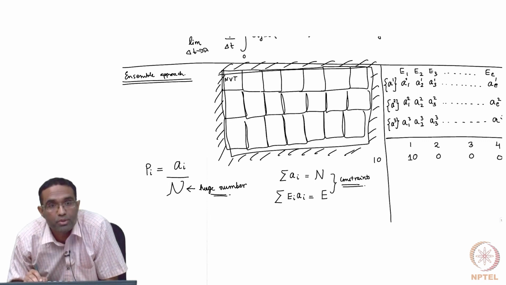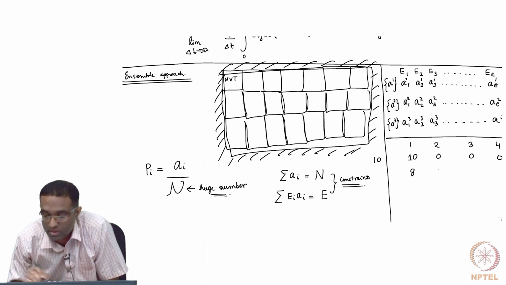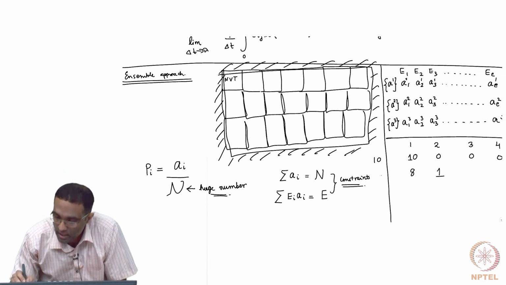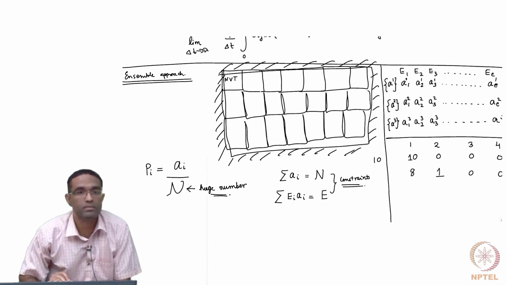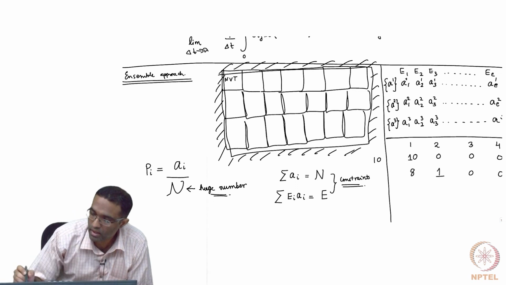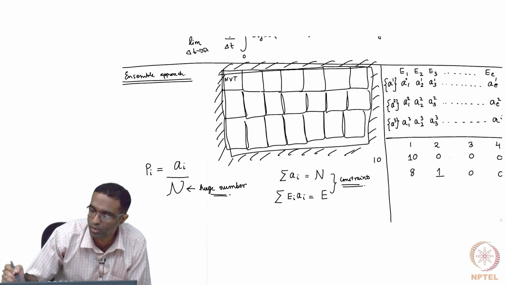This is one distribution. In another distribution, I can have maybe 8 with this and one system with this energy, and still the energy is 10. This is the second distribution. So in this case, A12 is 8, A22 is 1, A32 is 0 and so on. And A11 is 10, A21 is 2 and so on.